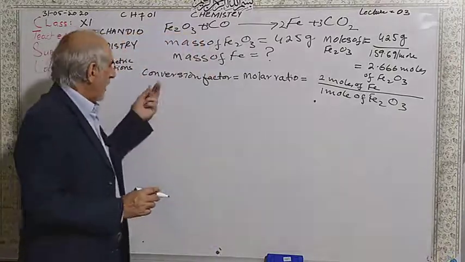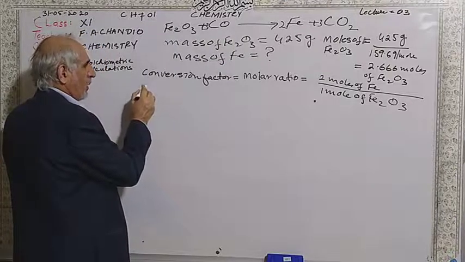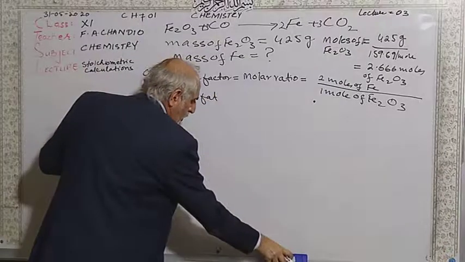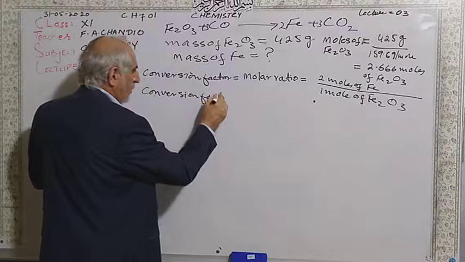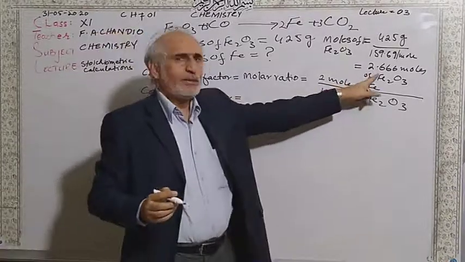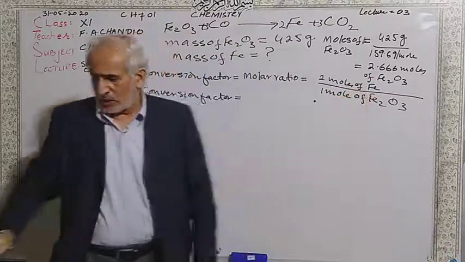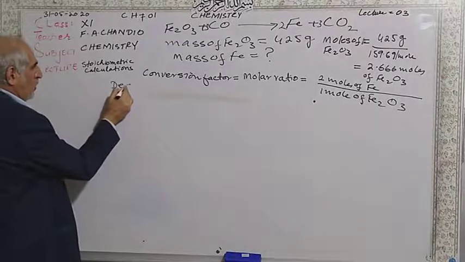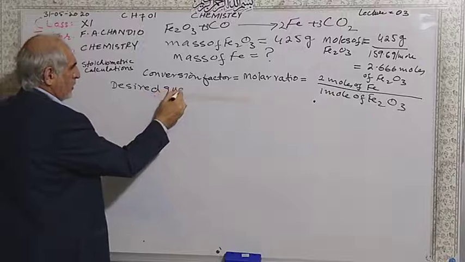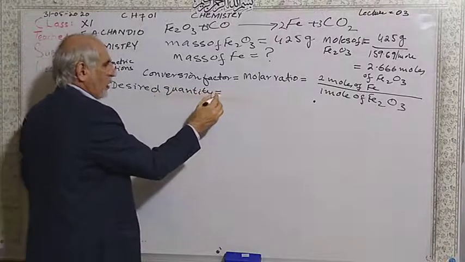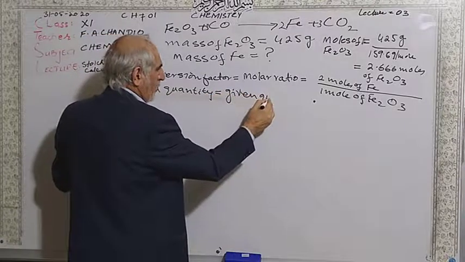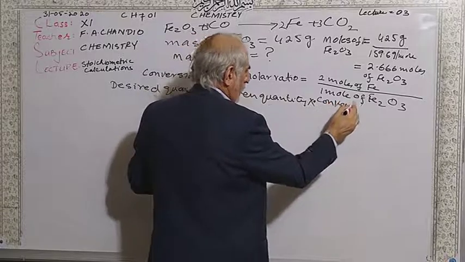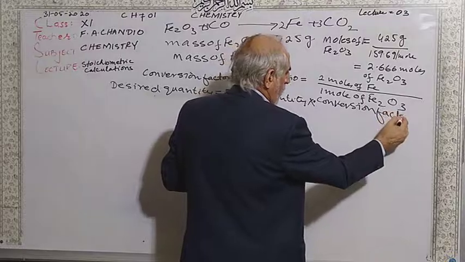So solve it. Desired quantity is equal to given quantity multiplied by conversion factor.